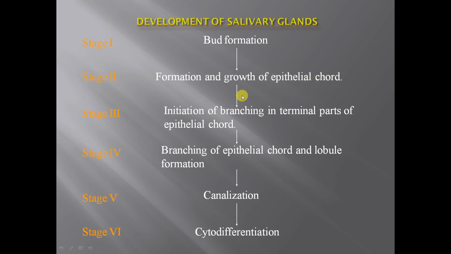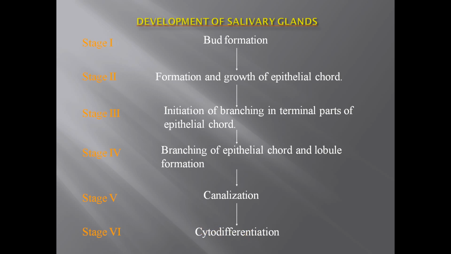In the third stage, the initiation of branching in the terminal parts of the epithelial cord, and in the fourth stage there is branching of the epithelial cord and lobule formation. The fifth stage comprises canalization, and the sixth stage is cytodifferentiation.